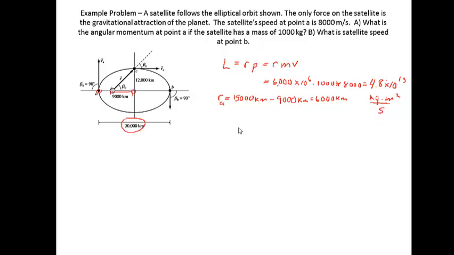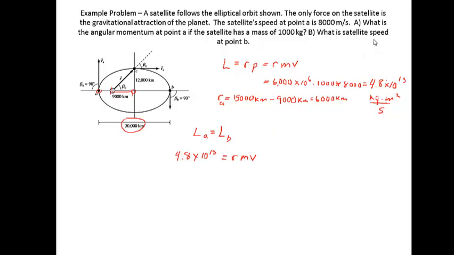It has that initially at point A, and then we want to find the velocity at point B. So we use conservation of angular momentum: L at A equals L at B. We already got L at A, so we'll just write that down: 4.8 times 10 to the 13th. The angular momentum at B is RMV.